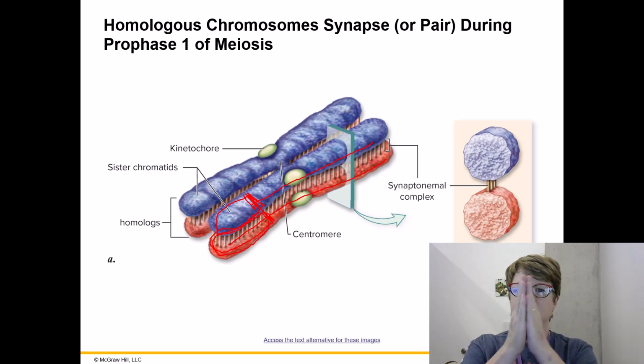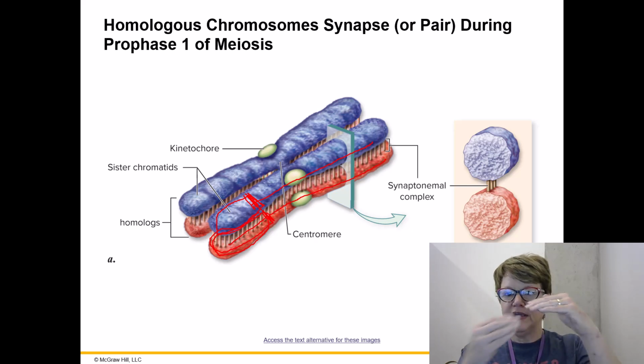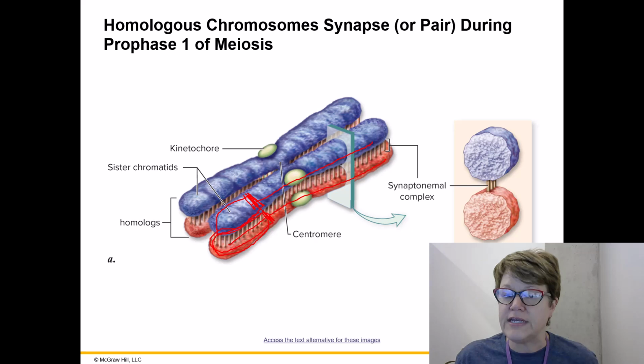So the synapsis is where they come together, and there's a lot of research on how they recognize each other. That's amazing. But then this breaking and swapping and rejoining is really amazing too. But this is called synapsis and crossing over.